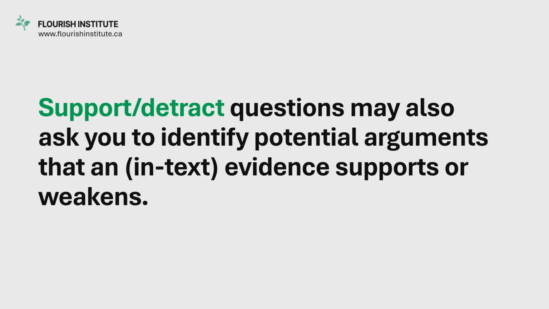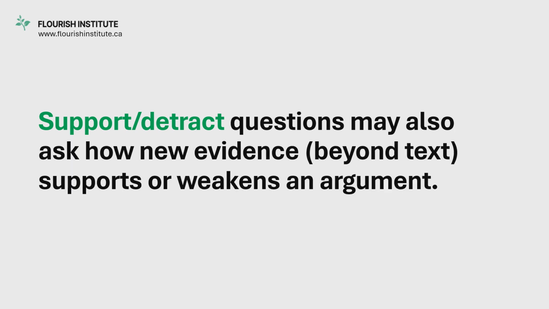And the previous type of support detract question, you could think of it as the other way around, where they give you specific evidence in the text and then ask you what arguments also presented in the text that evidence supports or weakens.